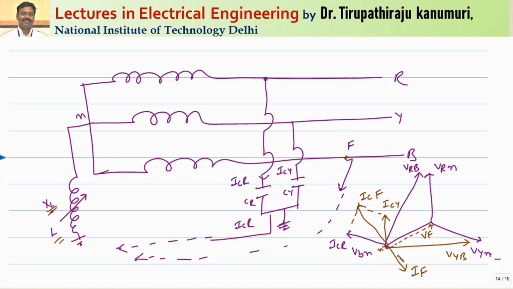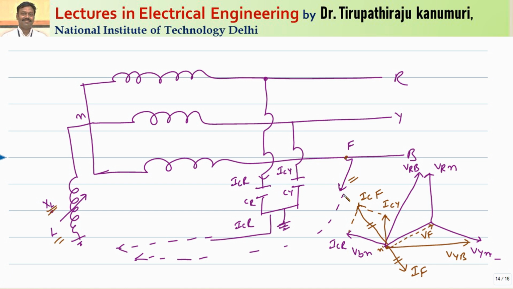So if I can adjust my fault current in such a way, the value of IF will be exactly equal to ICF. Both will cancel each other, or the net current will be equal to 0. As the net current will be equal to 0, what is the meaning of this? No current will pass through your fault, because these capacitive currents are not going to pass through the fault.